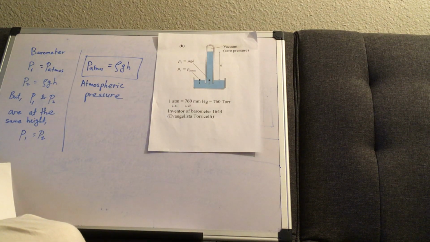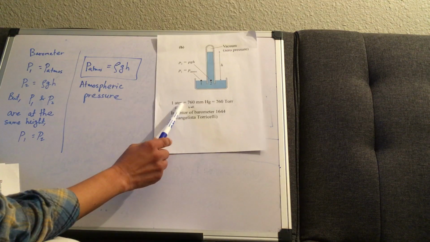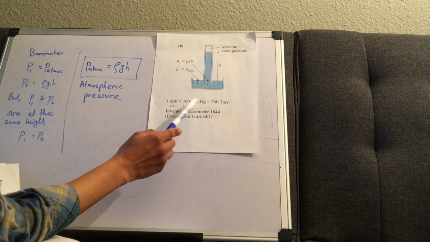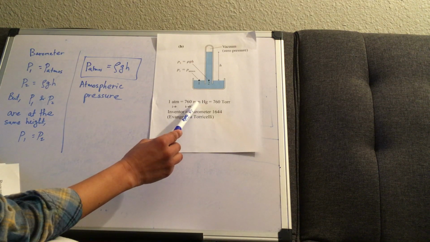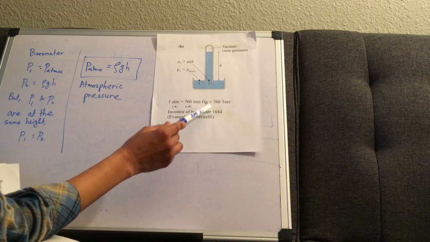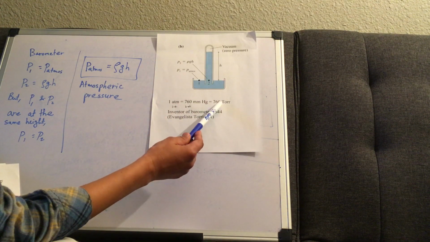Atmospheric pressure, a useful unit again is atm, right? 1 atm equal to 760 mm of Hg. Again, this mm of Hg means millimeters of mercury rising in a tube basically. And then this value is also equal to 760 torr.